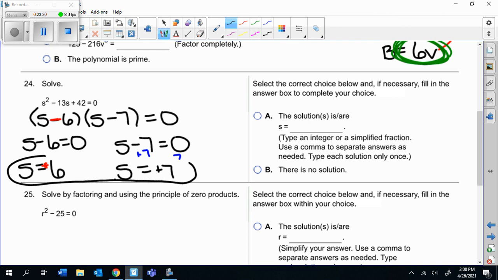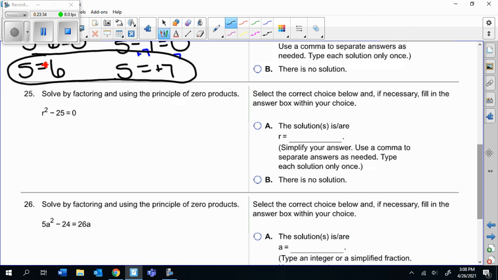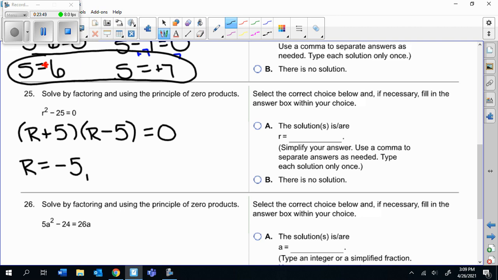And those are the 2 answers. 25, perfect squares, so r plus 5, r minus 5. And so my 2 answers are -5 and +5.